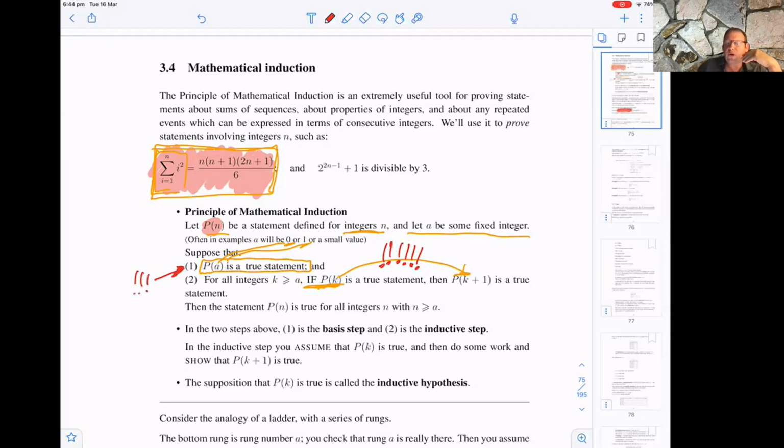Once you've shown that, you've shown it for all integers. The first part is often called the basis, and this is called the inductive step.